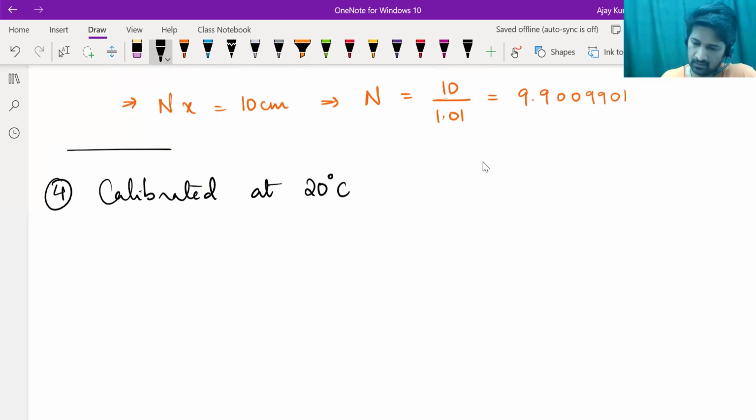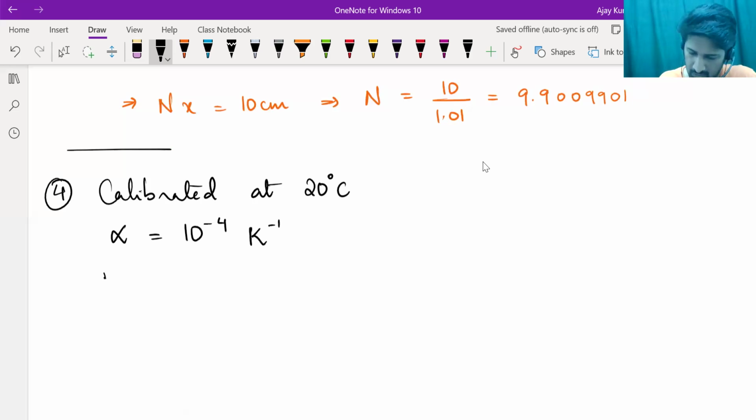Let's say alpha of the material of the scale is given as 10 power minus 4 per Kelvin. Again, I repeat, per Kelvin or per Celsius degree is the same; the unit size is the same. Alpha value is given.